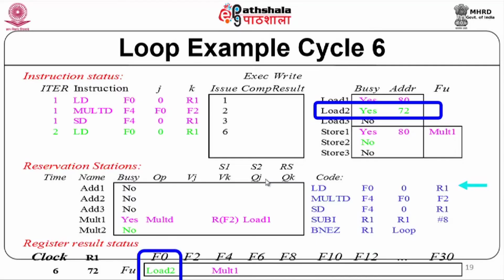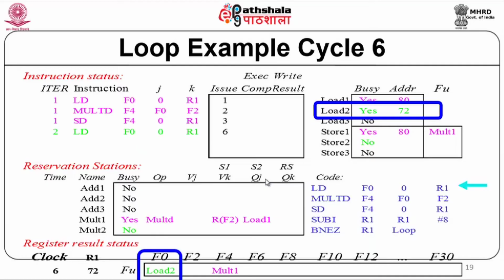And look at the fact that if you look at the register result status, you find that F0 is to be written by your load 2 instruction now. Earlier we had assumed that the load from the first iteration is to write into F0. Now we've overwritten that, and we are indicating that load 2 has to produce a result for F0. That is how this renaming process actually solves your output dependence also.